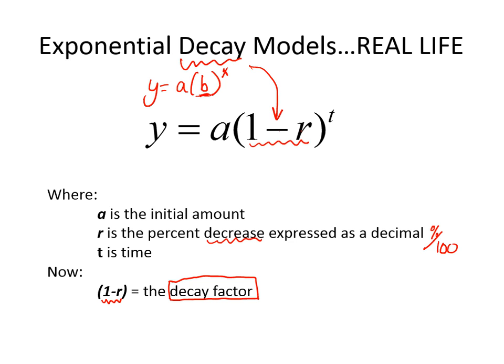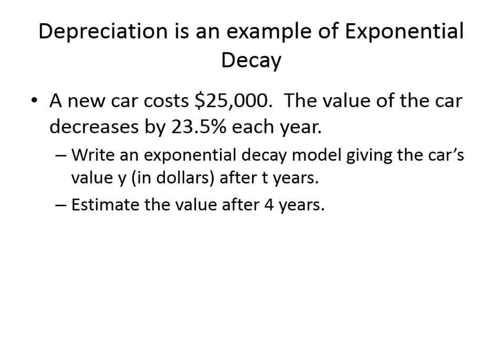Okay, let's go ahead and do an example. So depreciation is an example of exponential decay. Depreciate, going down, okay? A new car costs $25,000, and the value of that car decreases by 23.5% each year. Okay, let's write an exponential decay model and then estimate that value after 4 years.